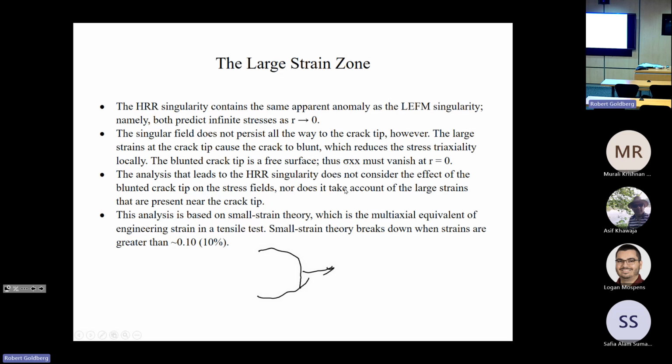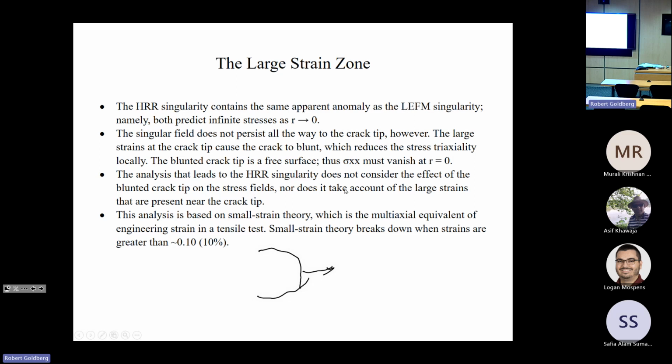So this complicated analysis we just went through for the HRR singularity doesn't consider the effects of the blunted crack tip, nor does it account for the large strains present near the crack tip. All of the analyses we did are based on small strain theory, which is the idea of engineering strain.